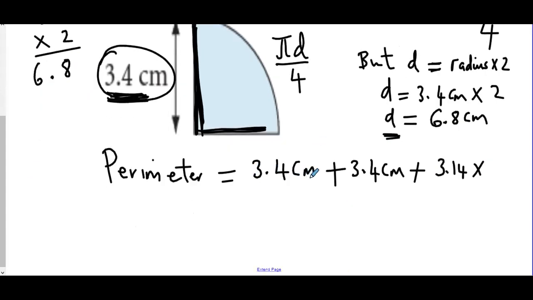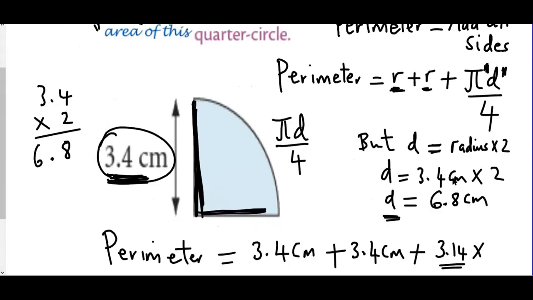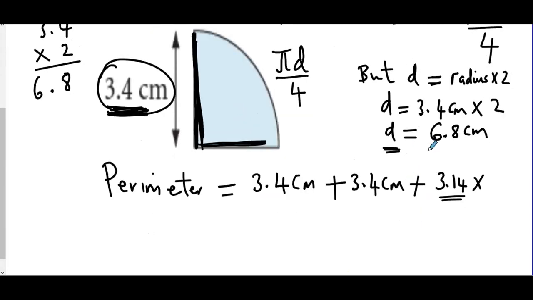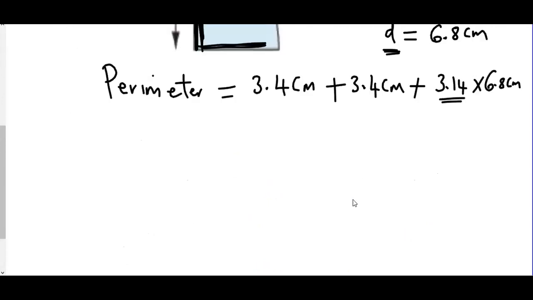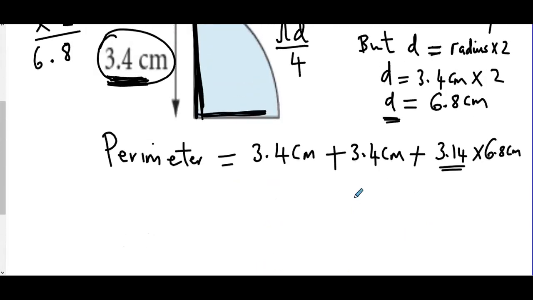So now go back to the calculation. You have 3.4 centimeter plus 3.4 centimeter plus, this is 3.4, but this is 3.14. This is pi. So 3.14 times diameter, which I got, is 6.8 centimeter. Okay. So how are we going to do this? Here we use the concept of BODMAS.